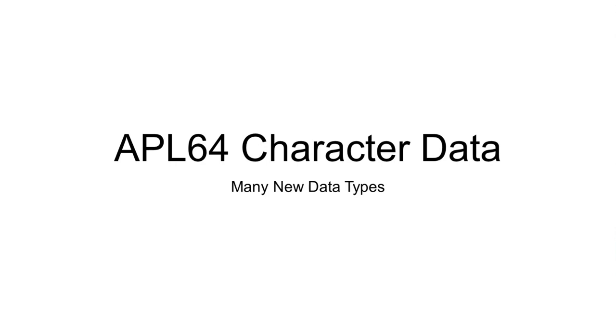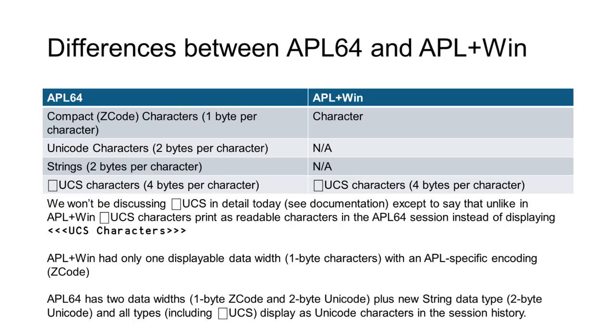We'll get into that. So just to contrast differences with APL plus Win, let's just go down through the table. We have a compact character representation, 1 byte per character, and that's traditional classic APL plus Win and previous APL pluses character representation type.